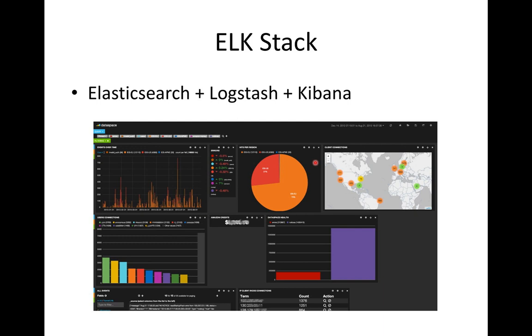One of the very common platforms that you'll find organizations using to collect and report on data is something called the ELK stack. And the ELK stack is a combination of three different software applications. It's Elasticsearch, which is indexing, storing the data, and it provides a very fast search engine for data. And then Logstash. Logstash is a collection engine.